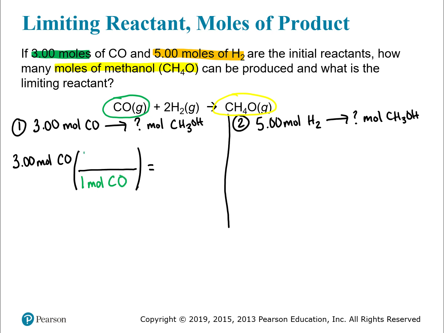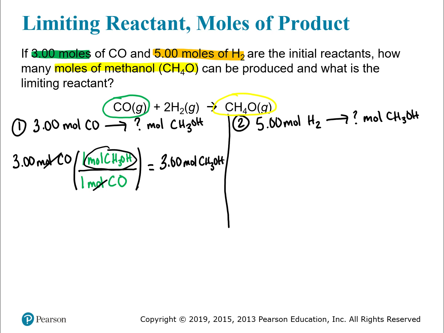The moles of methanol go in the top. The ratio is 1 to 1. So if we have 3 moles of carbon monoxide, we would make 3 moles of methanol.